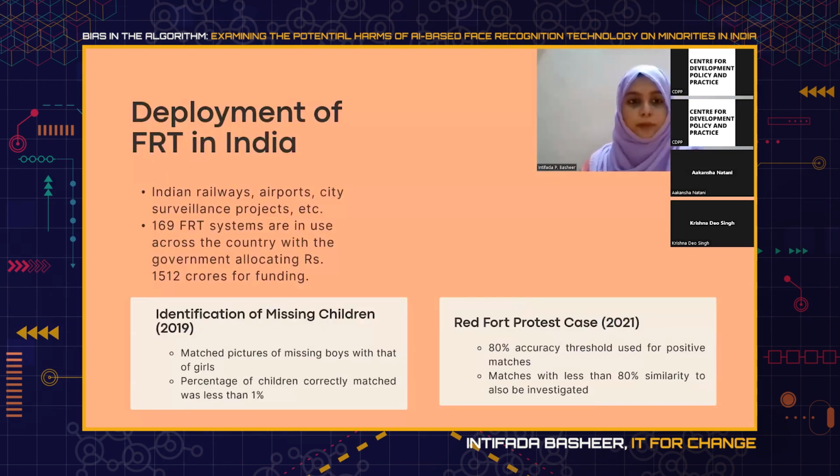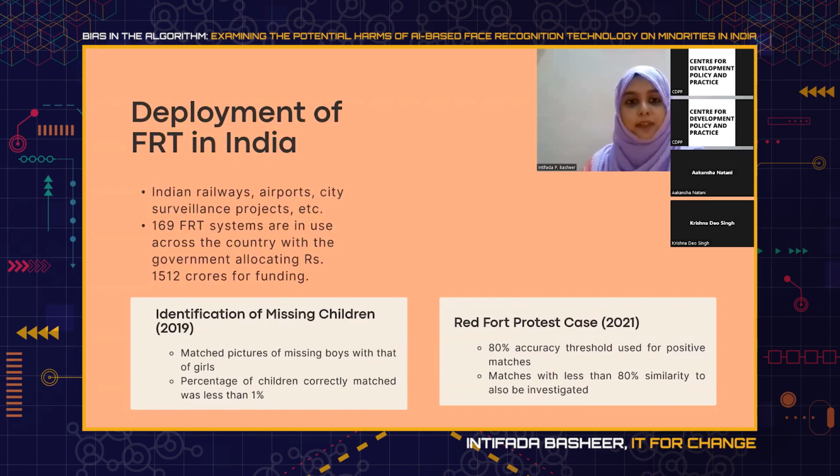Now, moving on to the deployment of these tools in India, they have been used by various private as well as government agencies, including the Indian Railways, at airports for the DigiYatra scheme, and for city surveillance projects that are quite rampant and well known in metro cities such as Hyderabad and Delhi. According to the Internet Freedom Foundation, 169 FRT systems are currently in use across the length and breadth of the country.